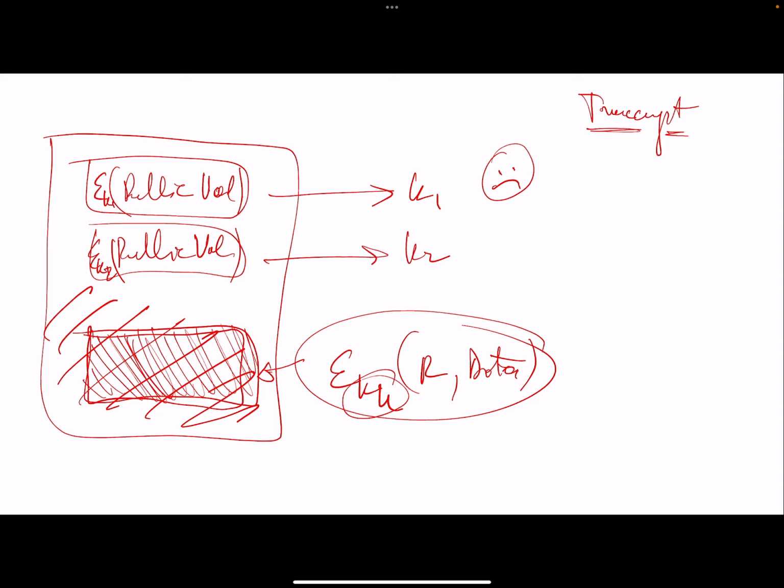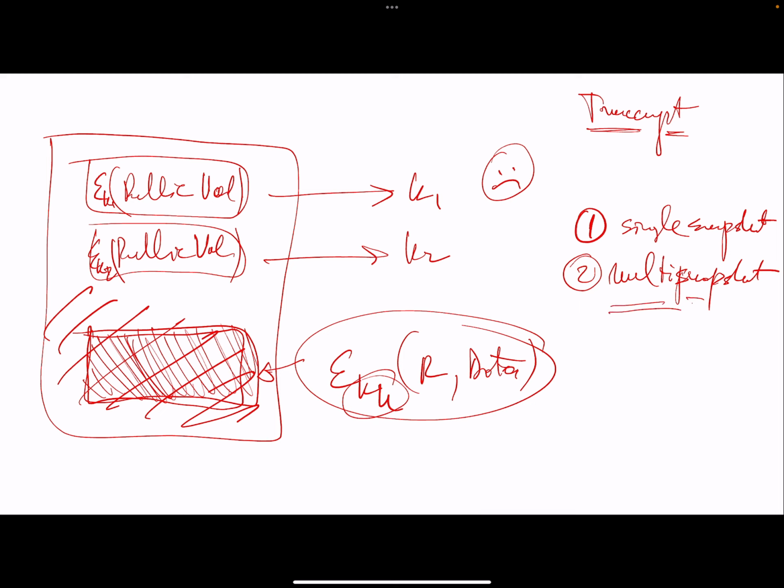So Truecrypt survived a thing called a single snapshot adversary, but does not survive a multi-snapshot adversary, right? And so there's been a lot of work in people building systems for multi-snapshot adversaries.